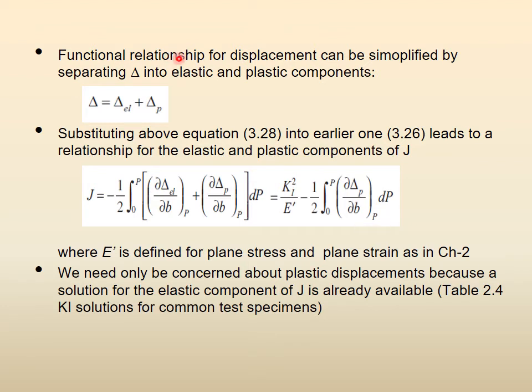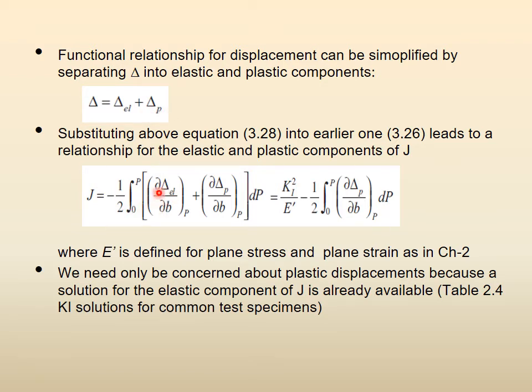The functional relationship for displacement can be simplified by separating delta into the elastic and plastic components. Delta is delta elastic plus delta plastic. Substituting the above equation into the earlier one leads to a relationship for the elastic and plastic components. So again, delta elastic, delta plastic, we are repeating the same thing.